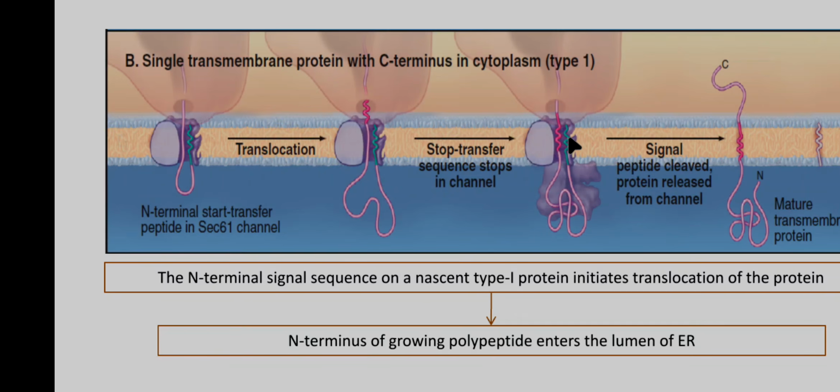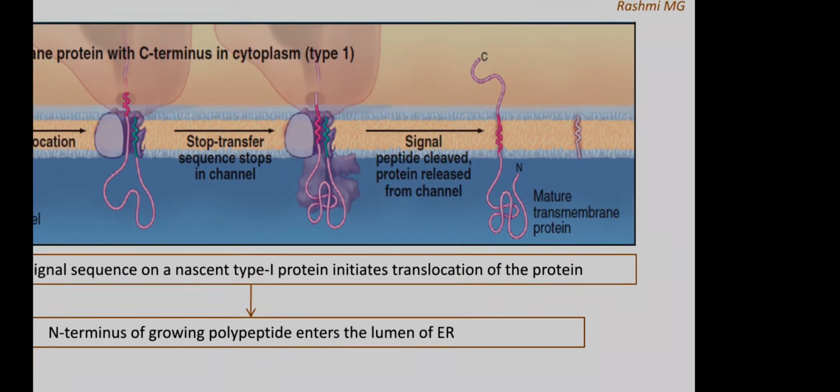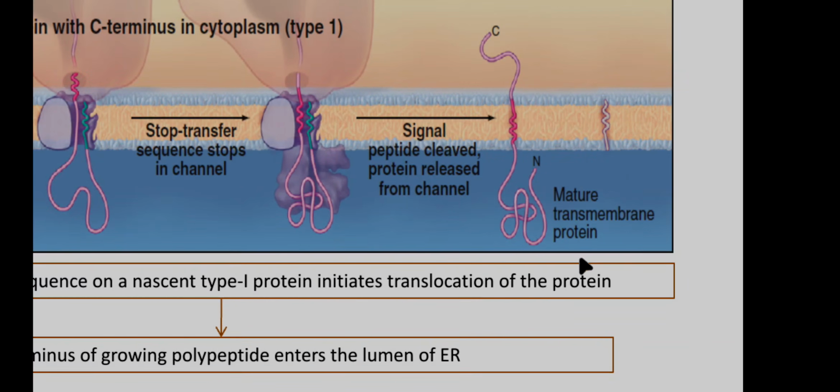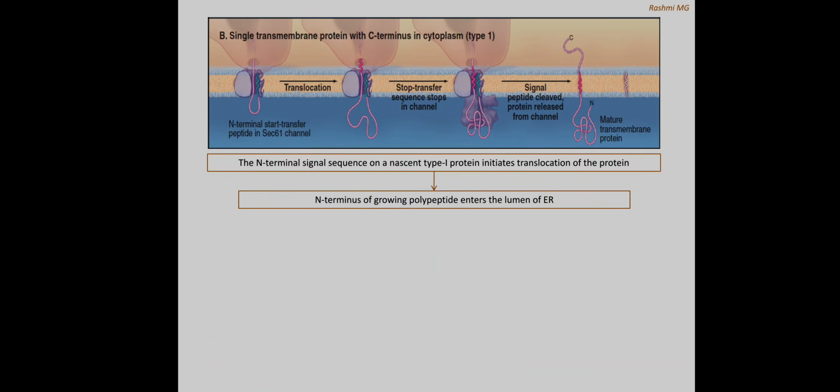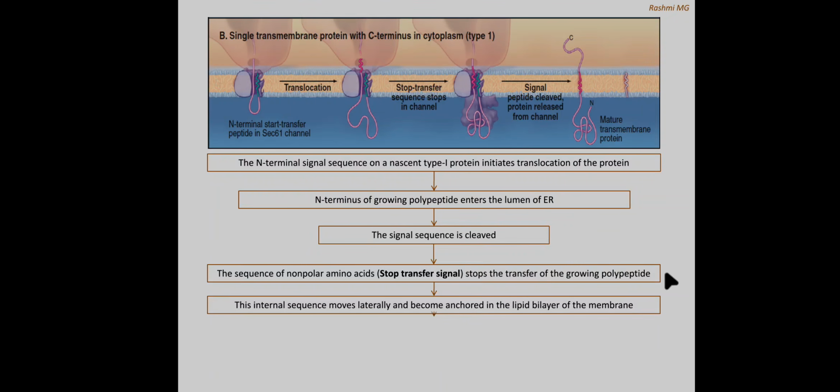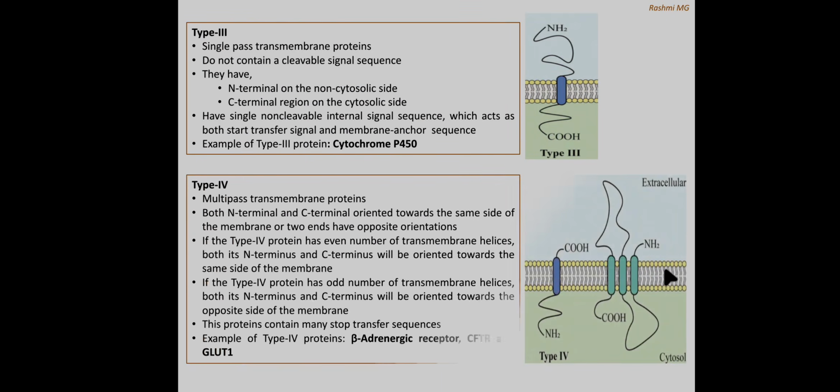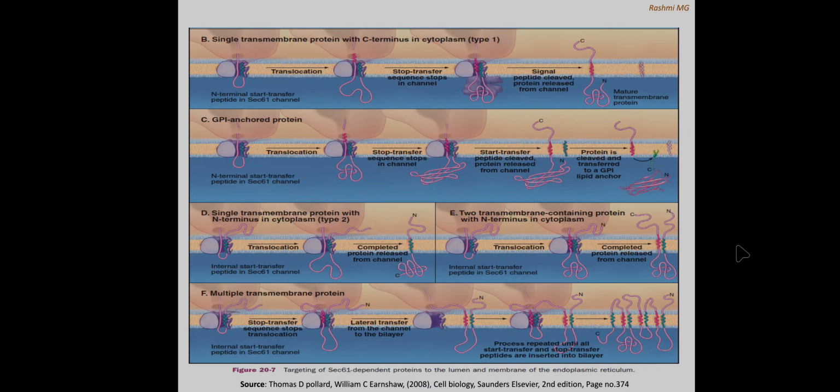After that, the N terminal start transfer sequence is cleaved on the N side of the polypeptide. After that, it helps in the insertion of the transmembrane protein into the ER membrane. This is the process of insertion. We learned this yesterday. Next, we learned type 1, type 2, type 3, type 4 and different examples.